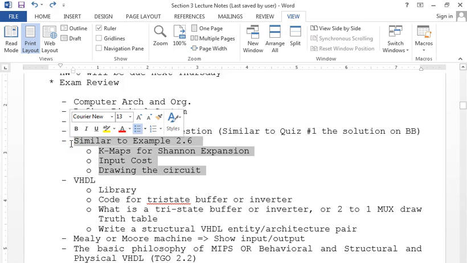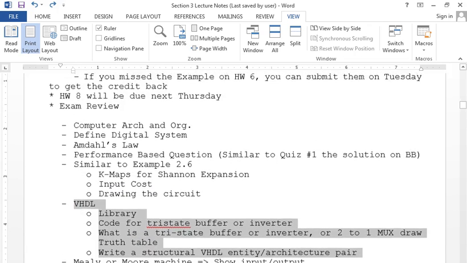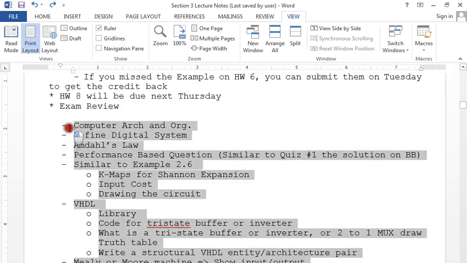Everything that we did with K-maps, race conditions, multiplexers, and input costs is all in one small question. VHDL, we did this whole section on VHDL. So a lot of the TGOs kind of come into this. So basically, your exam is going to be a subset of what we have here.